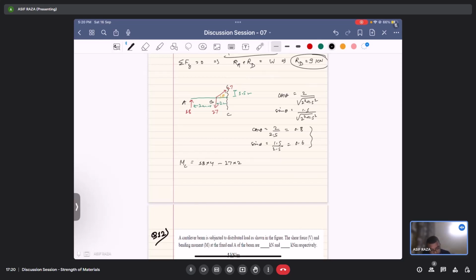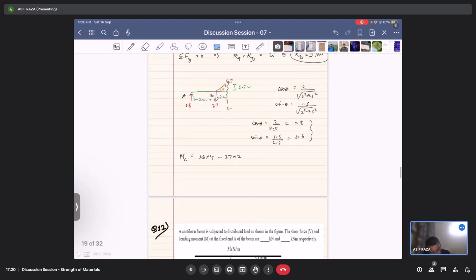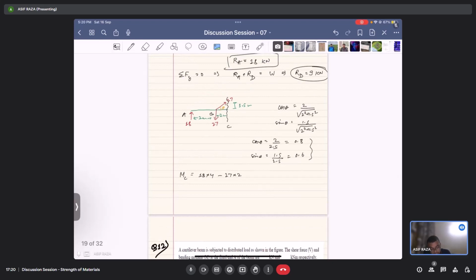Then if you see the tension 27, it will have a cosine component that would be acting along this beam, while 27 sine theta would be acting perpendicular to it, so that would produce moment.